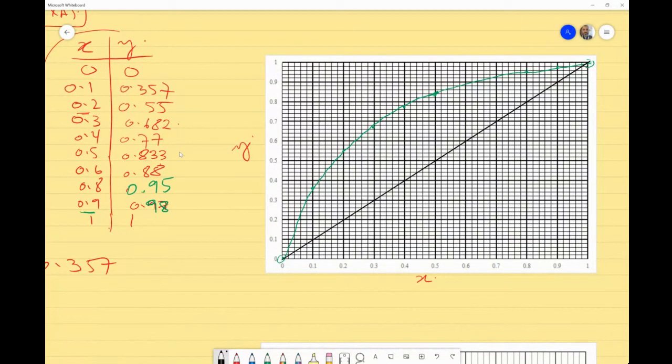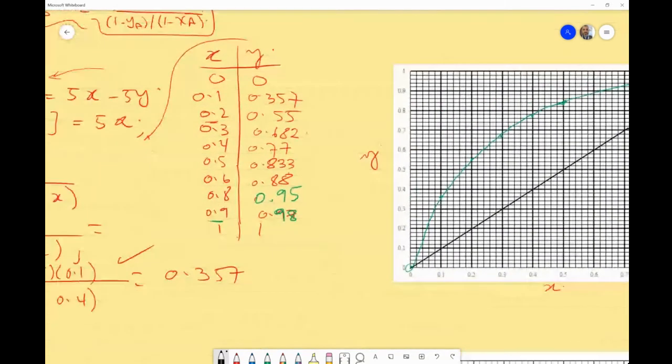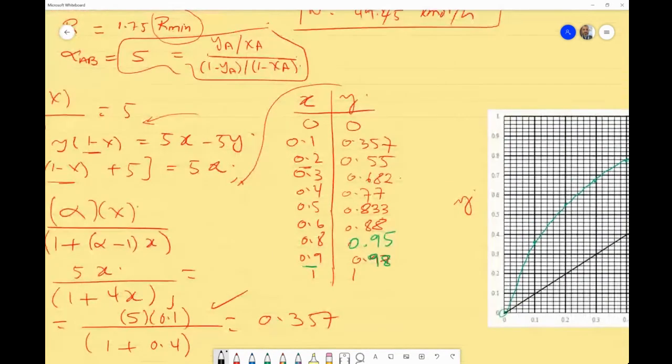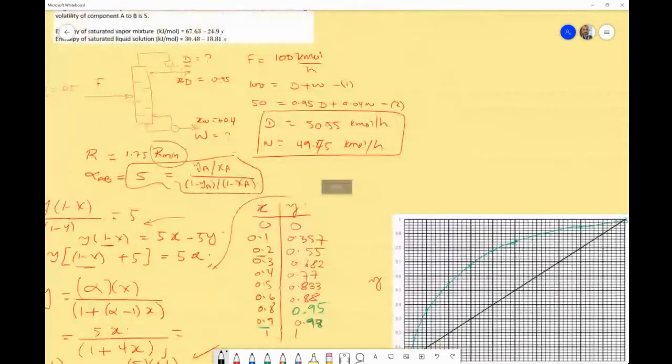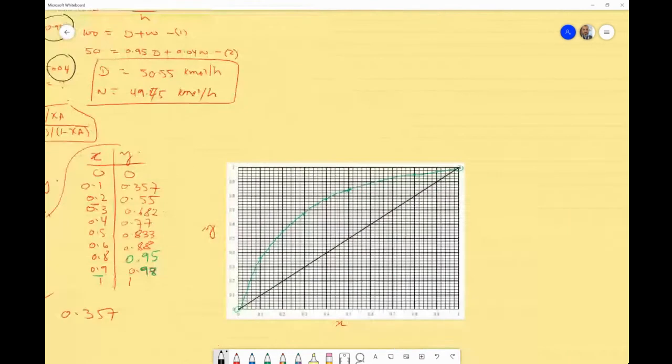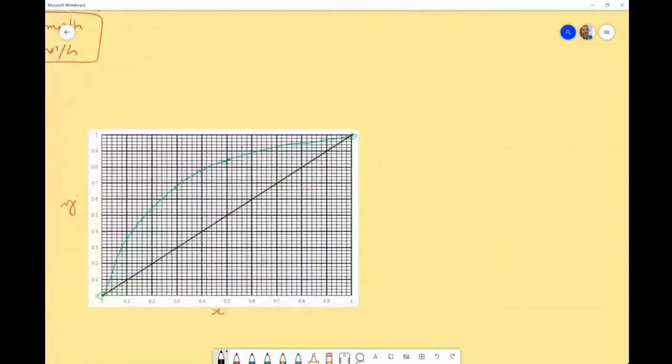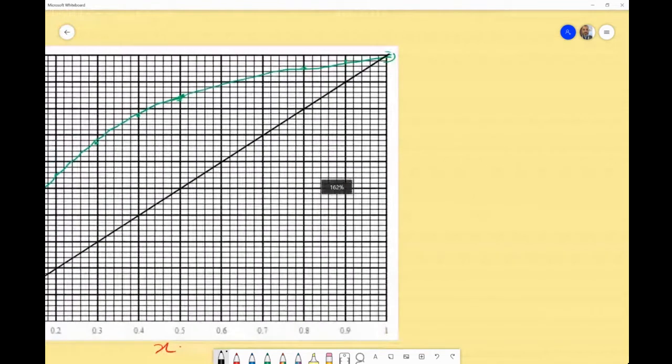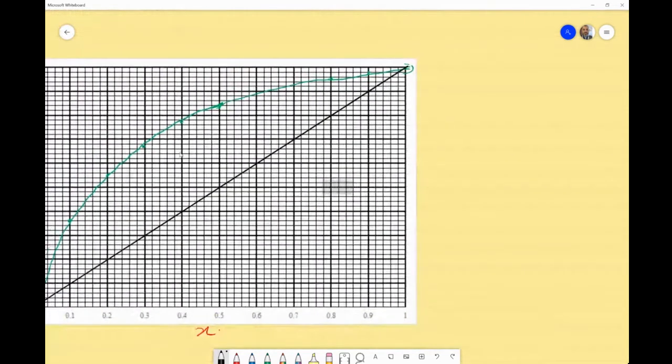And now I have to go back and see where exactly my XD is. XD is here. This is my XD, 0.95, and this is my XW. This is my X feed. So I go here, and this is my 0.95. That means it is just here, 0.95246.